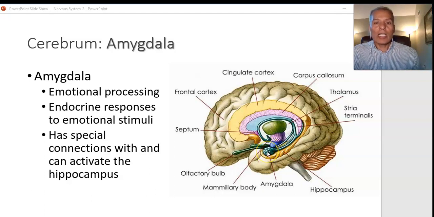Social communication, or emotions that have to do with socialization, are also processed in the amygdala. The amygdala has a special connection with the hippocampus. So anything that has an emotional value is quickly remembered. It is tagged with high importance. Whenever the amygdala is activated, then the hippocampus is activated.